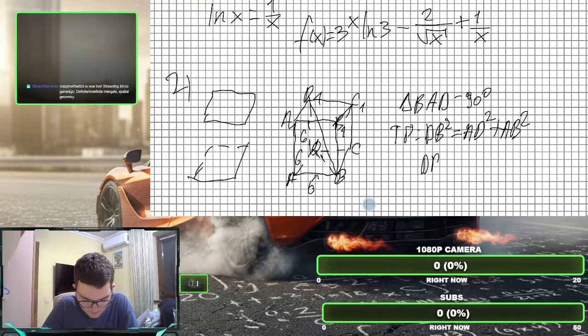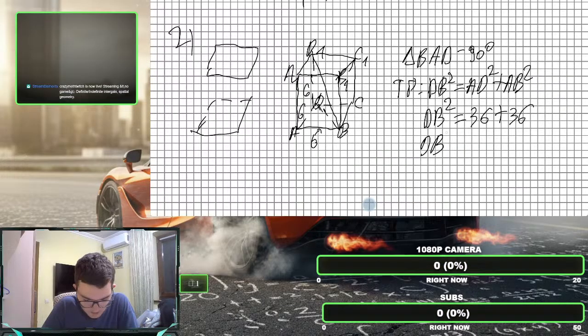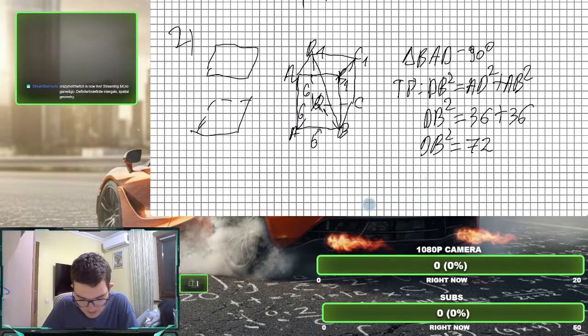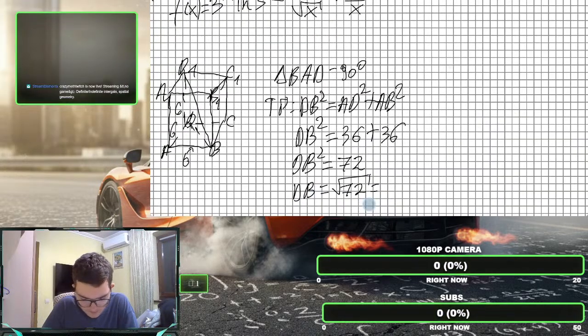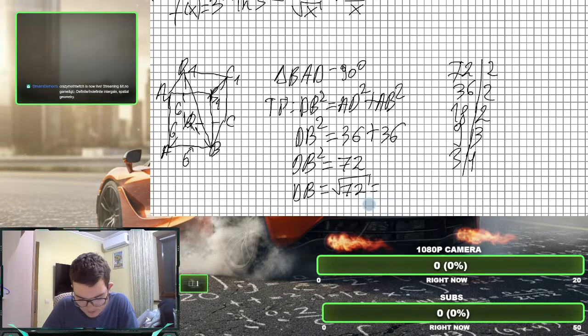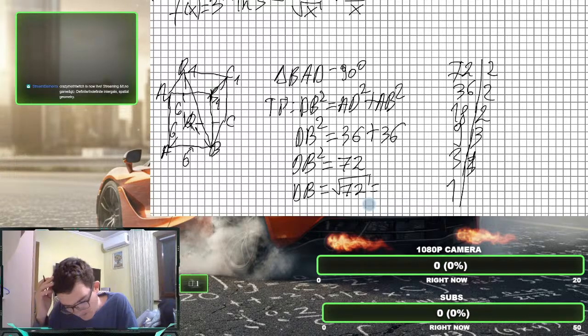So DB squared is equal to 6 squared, which is 36, plus 36 again. So DB squared is 72, and now DB is obviously the square root of 72, but I can factorize that because it's required. So divided by 2 is 36, divided by 2 again 18, and by 2 again 9, and by 3 is 3, and 3 again, and you get 1.